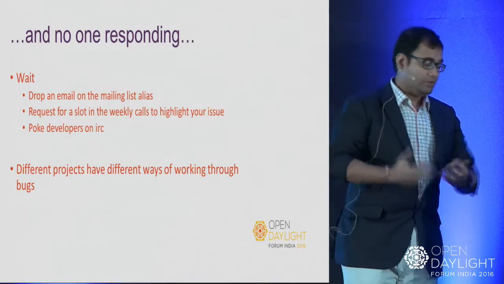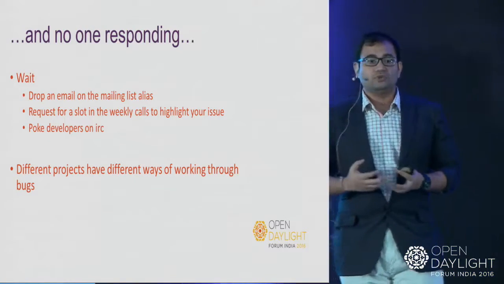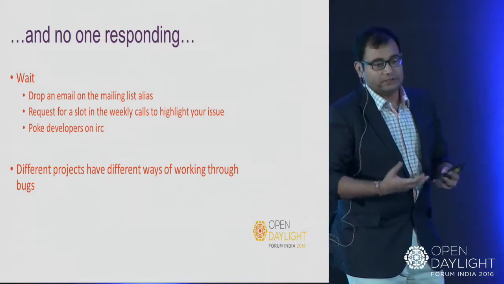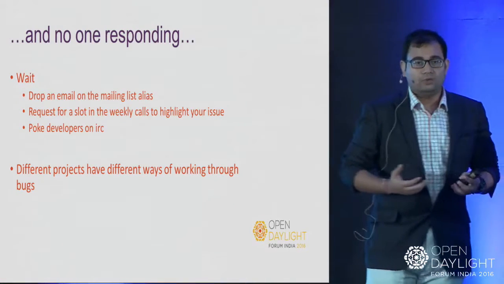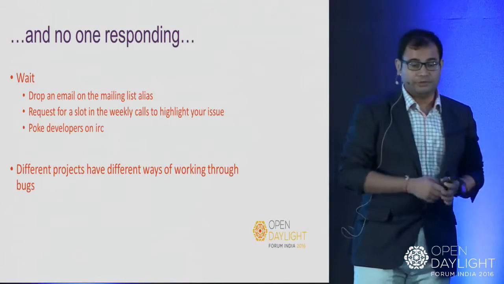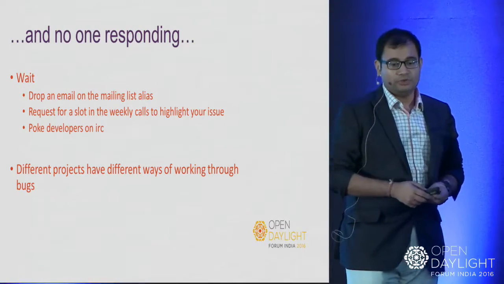Do let me know. And always end your emails on a very positive note, showing the willingness to help the people who are trying to fix it, saying, let me know how I can help you in case you feel that you need some more information. That willingness does take us a long way in helping people solve the issues.